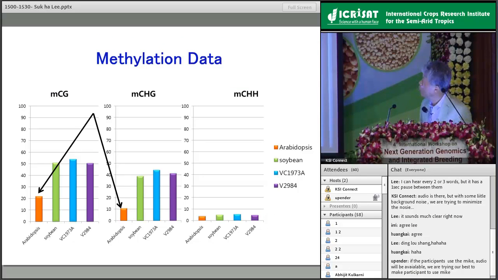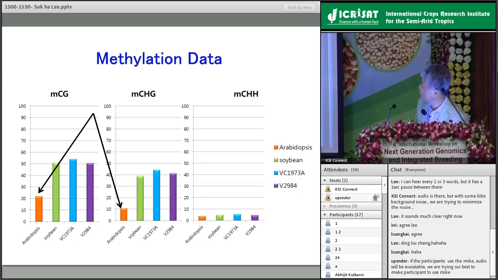We compared this methylation with other plants, Arabidopsis and soybean, already reported in previous studies. The major difference between Arabidopsis and soybean is the methylated CHG. The frequency of methylated CHG is half of methylated CG in Arabidopsis.